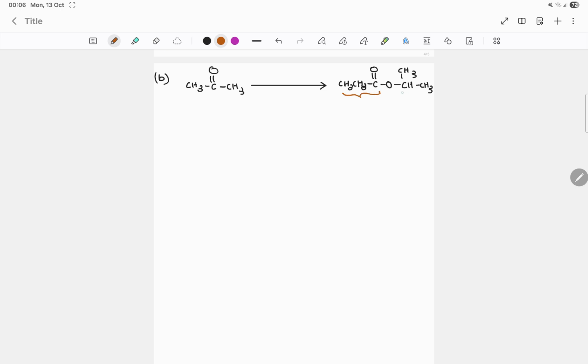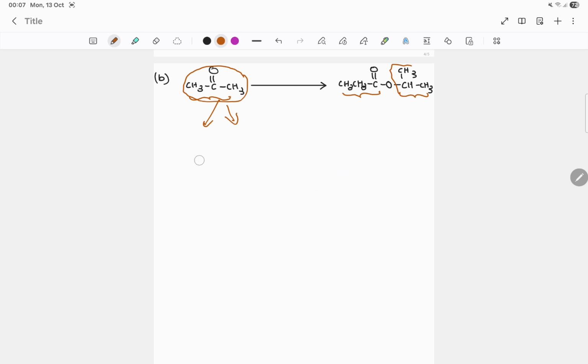So now I look at here. There are 3 carbons over here, so there are 3 carbons here. If I use two species created by this, and combine them, I can form this guy.